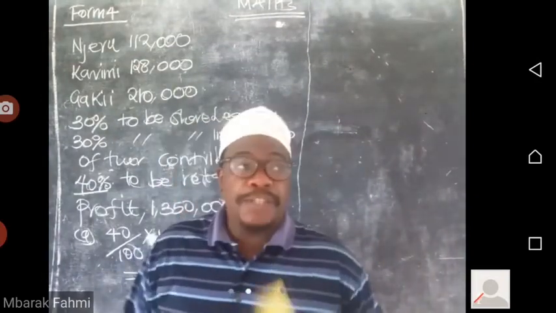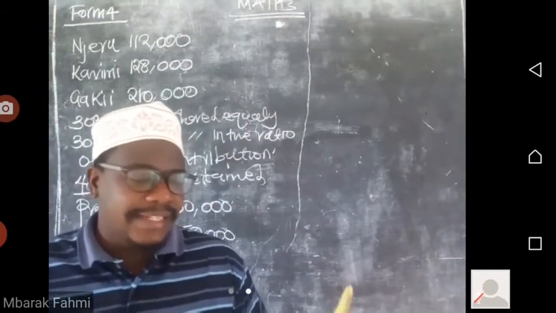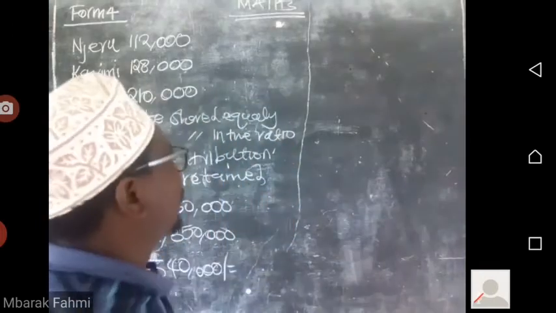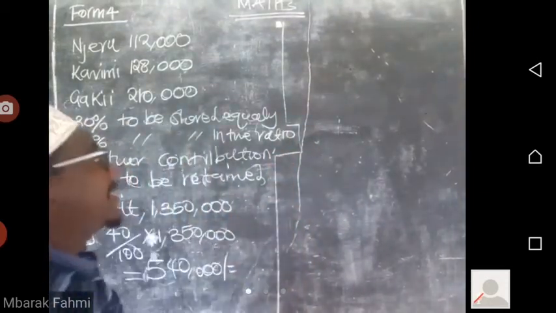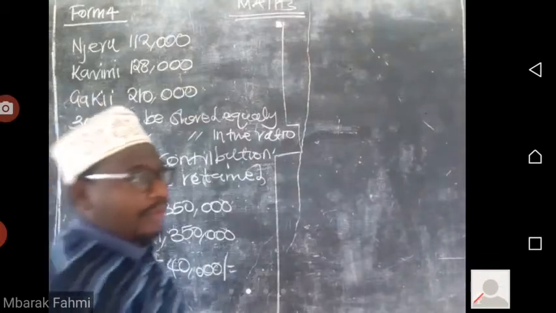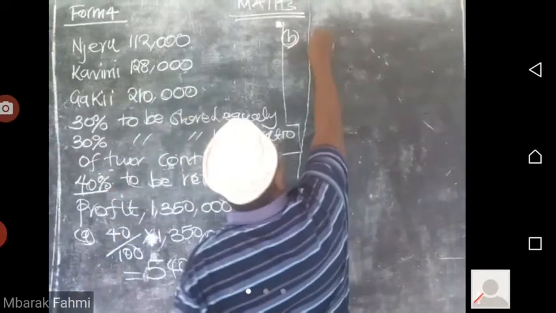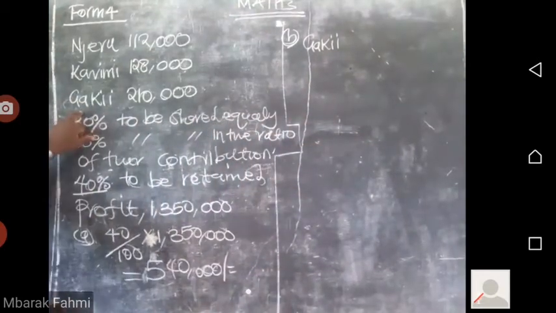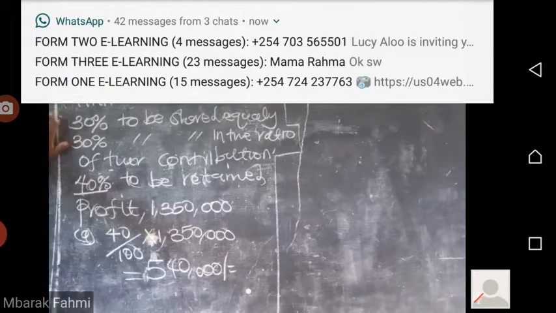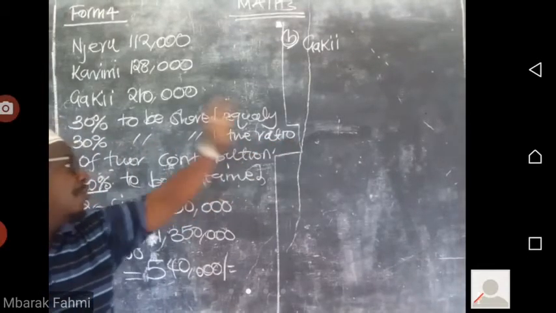Part B now, you're told the difference between the amount received by Gaki and Njeru. So first we have to calculate the 30% which was shared equally, and then another 30% which was shared in the ratio of their contribution.